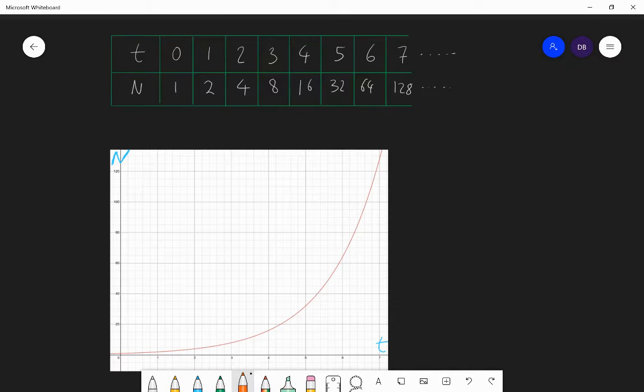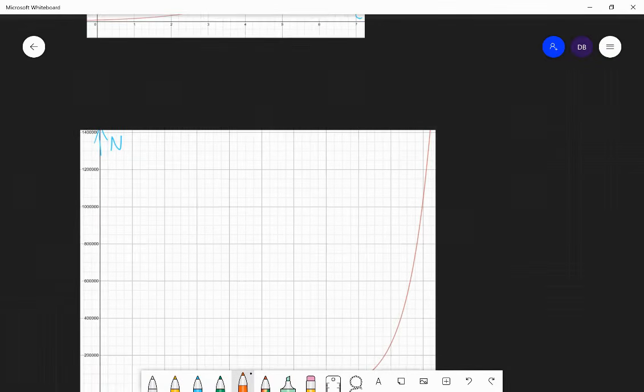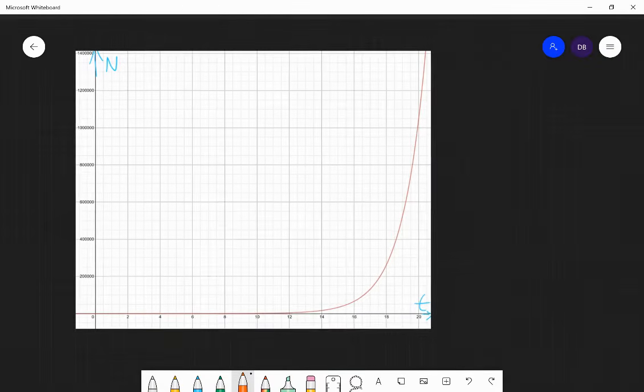But what if I continued? What if I wanted to demonstrate using a graph the first 20 seconds or beyond that? Then I'd have to increase my y-axis scale. So it would look something like this. Here's the first 20 seconds.